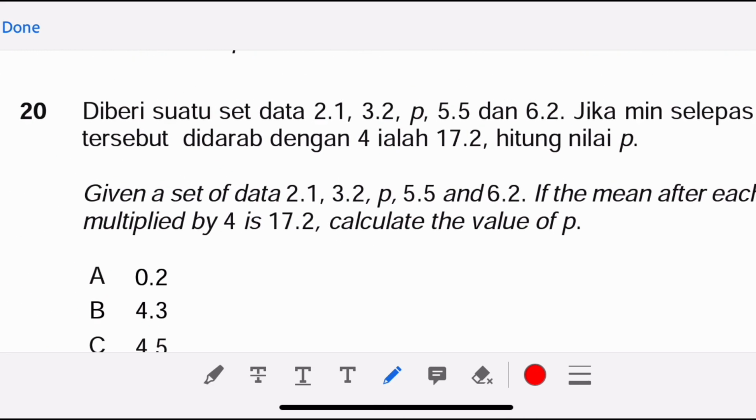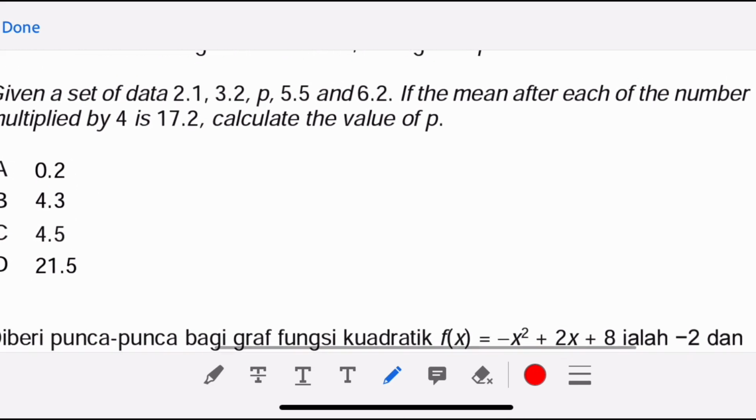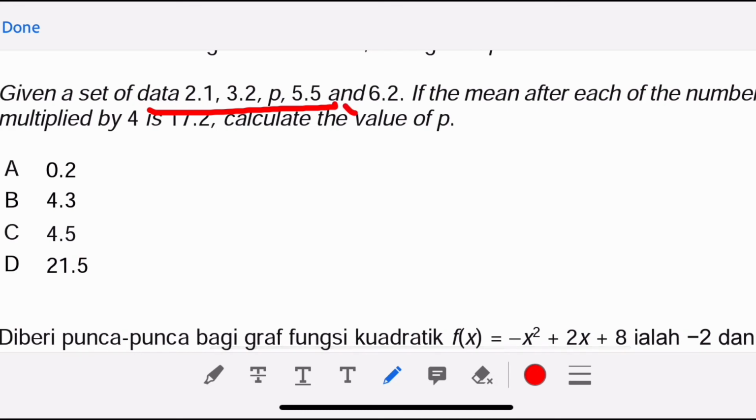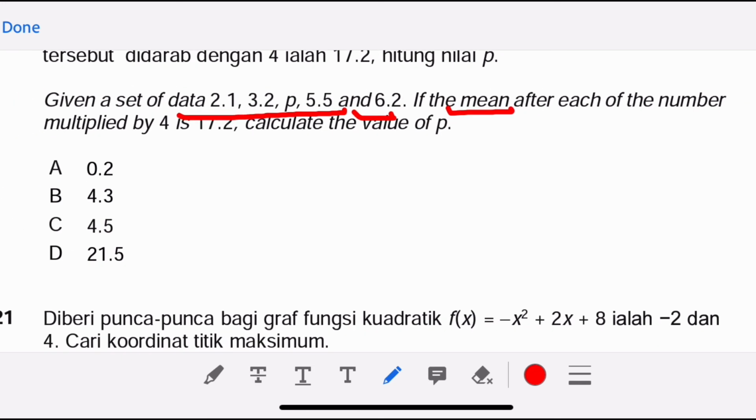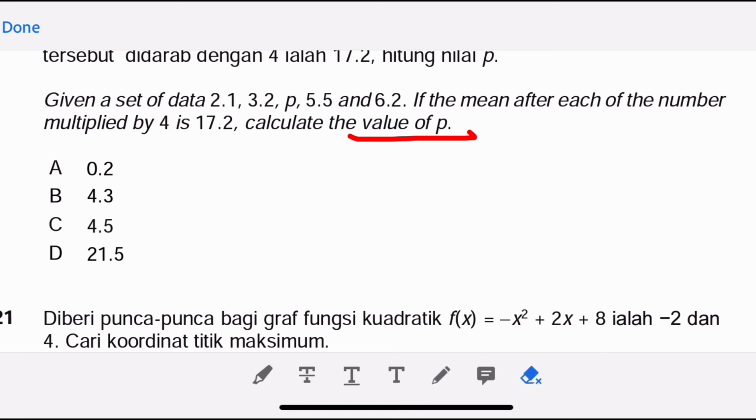Alright, so we have reached question number 20. Given that a set of data 2.1, 3.2, P, 5.5, and 6.2, the mean after each of the numbers is multiplied by 4 is 17.2. Find the value of P. Right, so multiplied by 4. So that means we find the mean first.